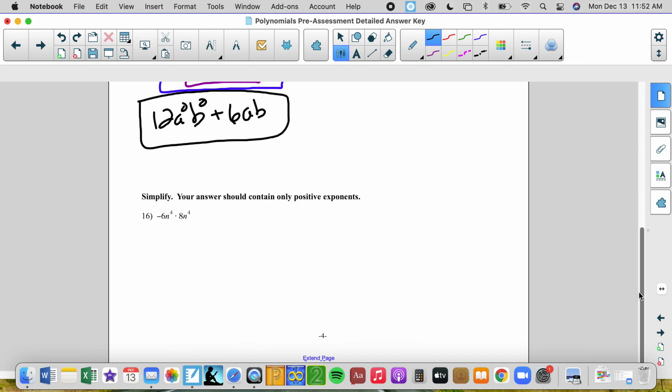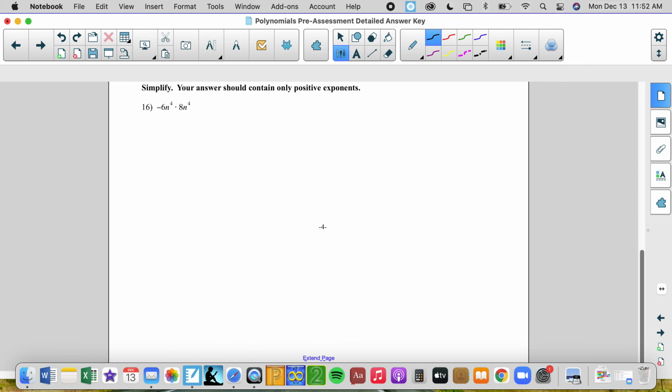All right, let's multiply now. When we multiply, they don't even have to be like terms. In this case they are like, which isn't maybe the best starting problem, but when we multiply monomials, we have a monomial times a monomial. We understand that negative 6 is multiplying n to the fourth, which is also multiplying 8 times n to the fourth.